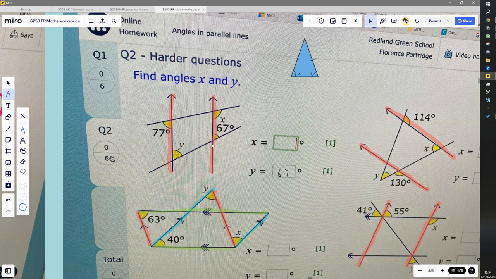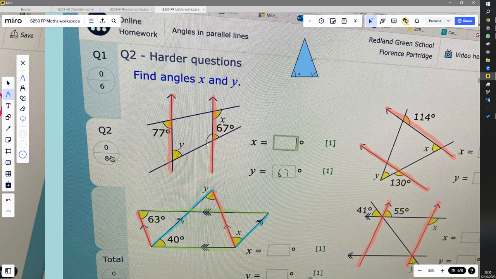But again, we're falling for the trick where these two black lines, they're not the parallel lines, so it won't work. That value there is going to be 180 minus 67, but that's not going to help us much.